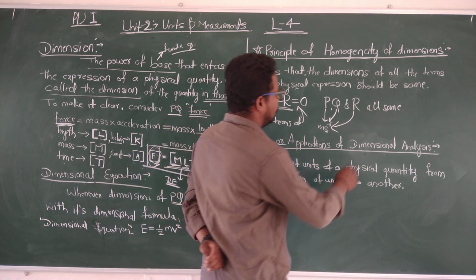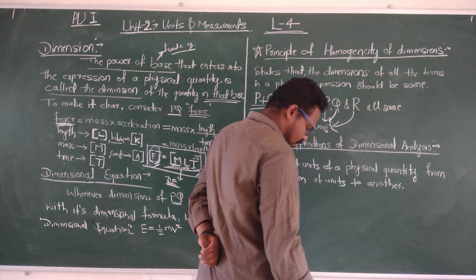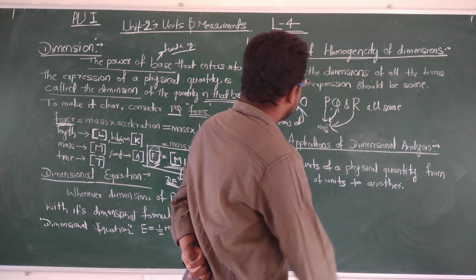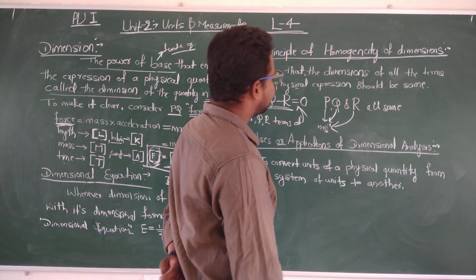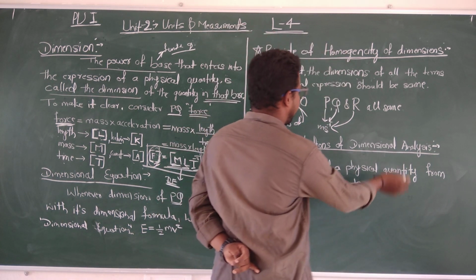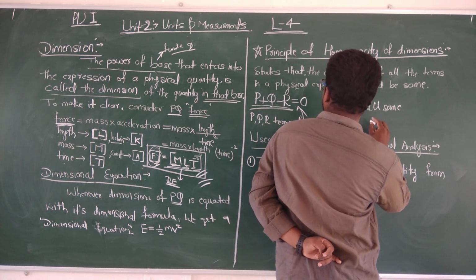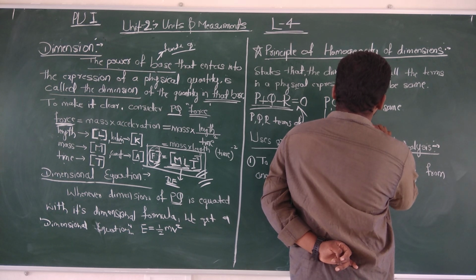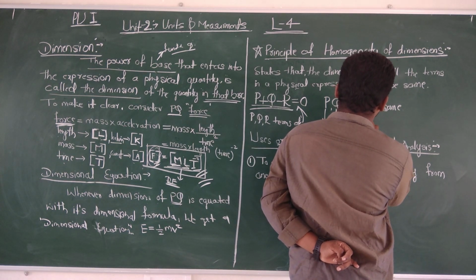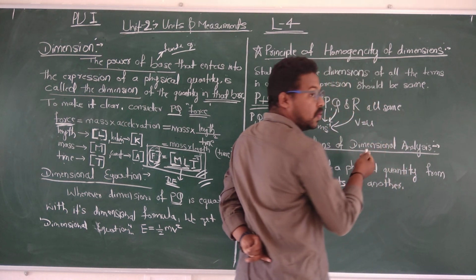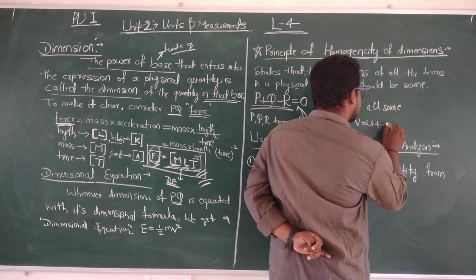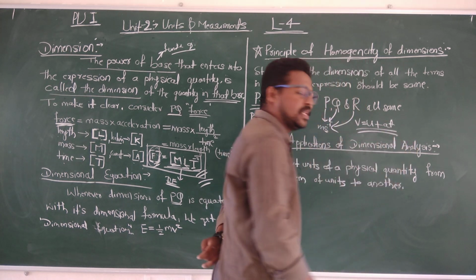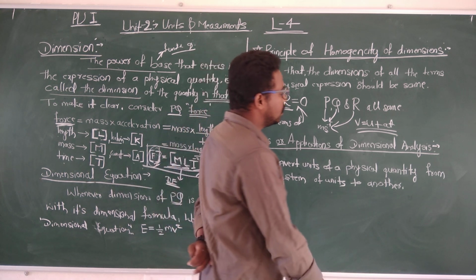So for example, consider this one: V equals U plus at. This is the velocity equation we are going to use. Listen here.